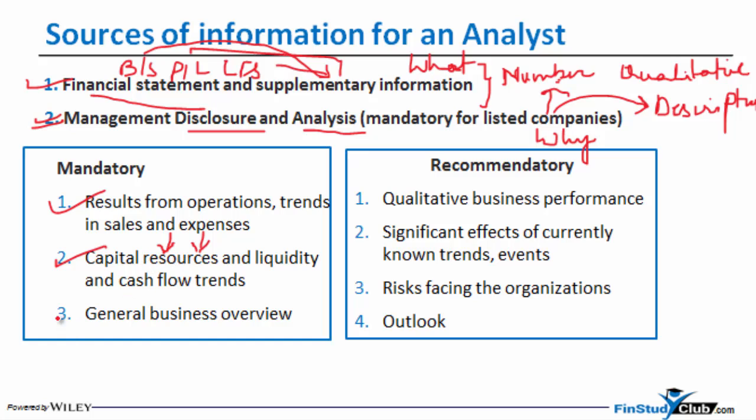Pretty useful information. What has been the general business sense, is the business picking up in the country, and so forth. What are the significant trends? For example, take the handset market.